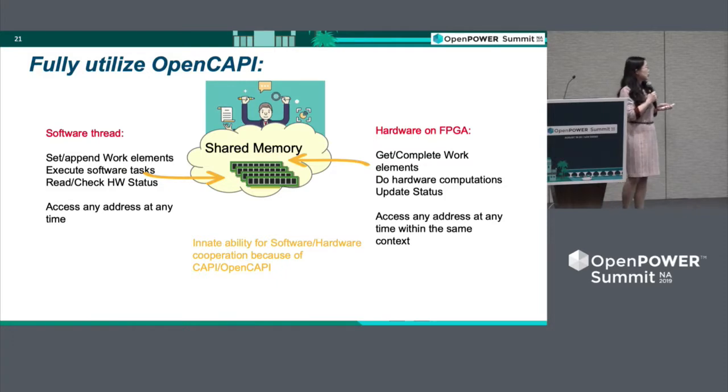That means the software thread can set some work elements, execute software tasks, track status and access any address at any time. And the FPGA side gets the work elements and does hardware computation, and it can access any address at any time within the same context. So they are talking in the same process context.